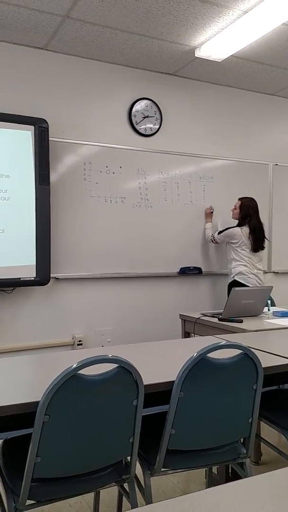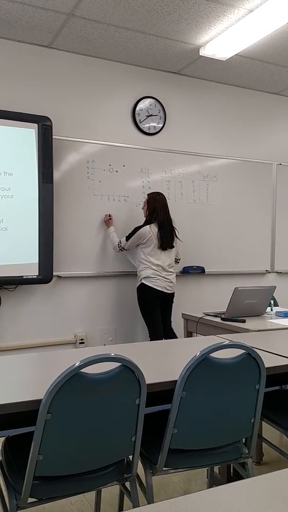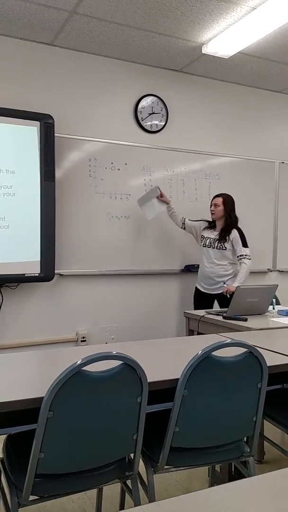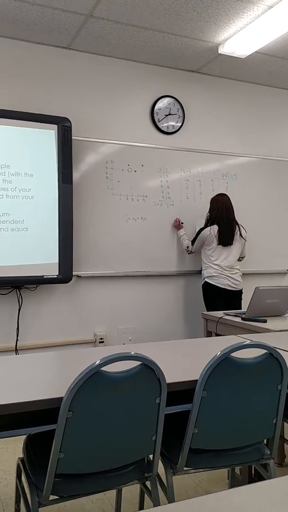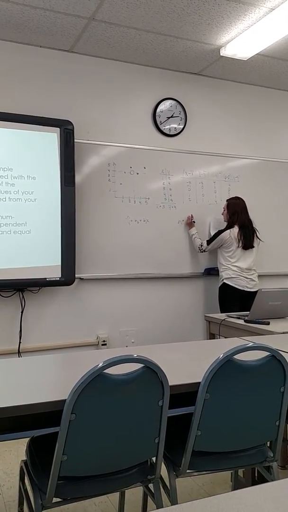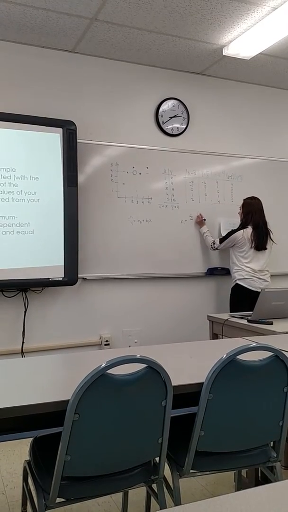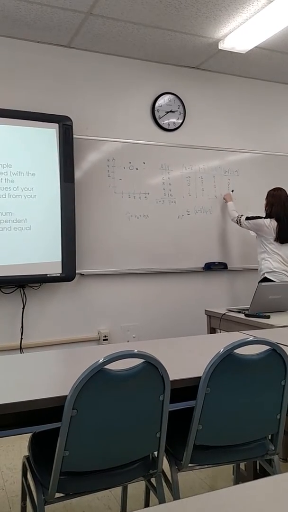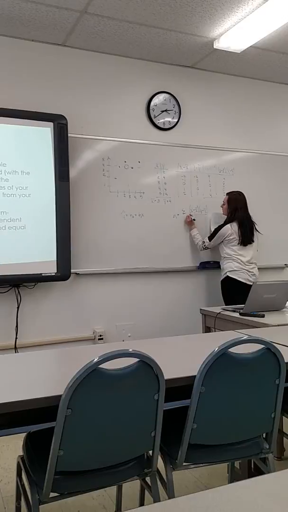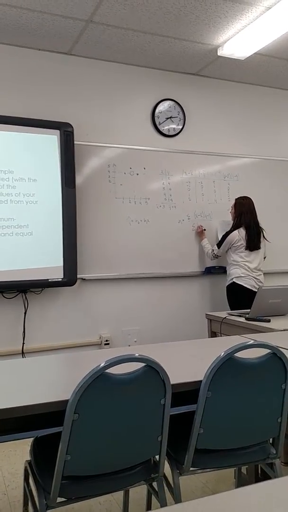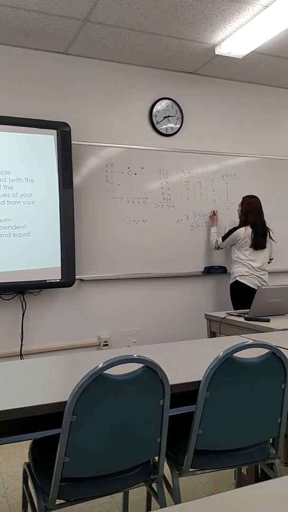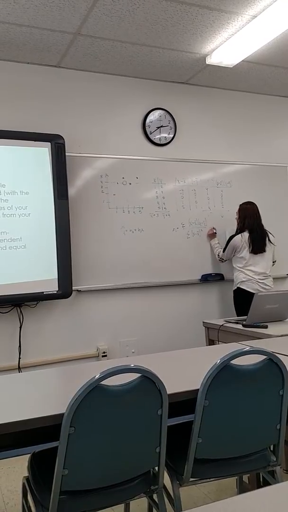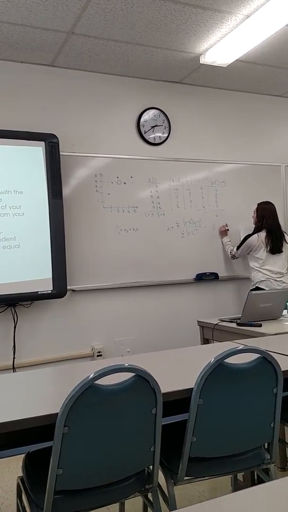So the whole point of doing this is we're trying to find y equals b0 plus b1x, which is our line of regression. To find b1, we take the sum of x minus x bar times y minus y bar, which is 6, over the sum of x minus x bar squared, which is 10. And then we get 6 over 10, which is 0.6.